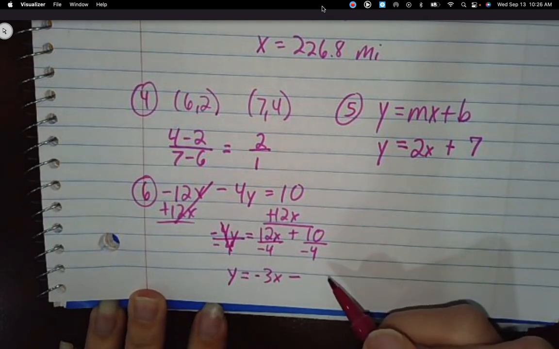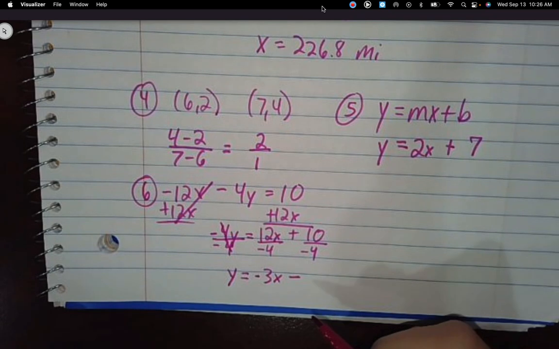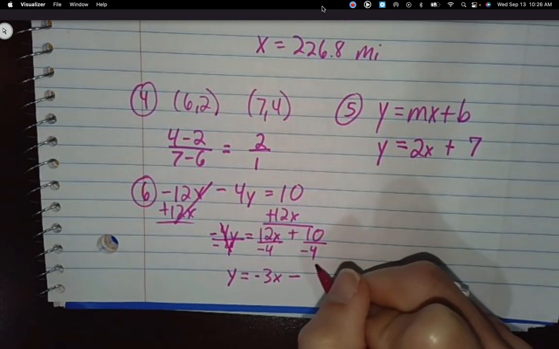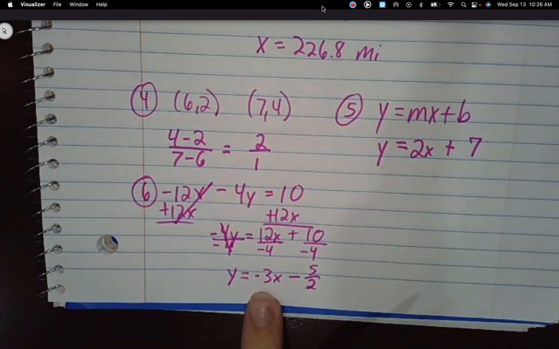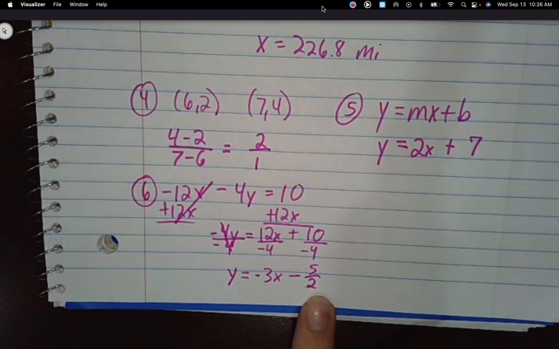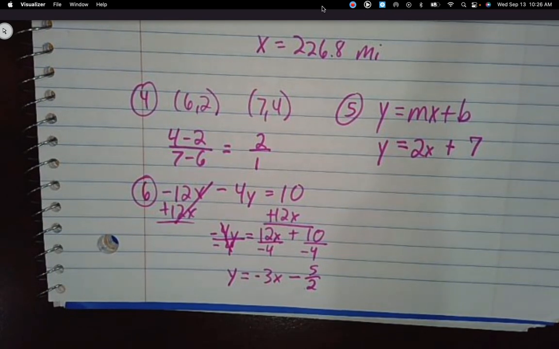What is 10 over 4? You can reduce it on your calculator if you need to. It's 5 over 2. And does everybody understand why it's a minus sign? Because it was negative, so I put the minus sign. So do y'all see that answer choice? It's A. The slope is negative 3. The y-intercept is negative 5 halves. Is that one? I'm looking to see. Yes, so there's one very similar to that, okay? It is A.